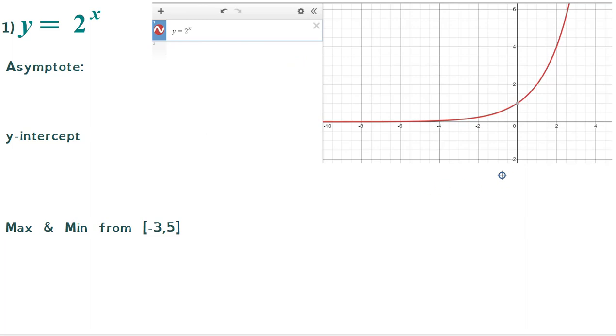You can see that the horizontal asymptote is lining up right here. And it is, unless there's transformations, going to be the x-axis, which means that the asymptote is going to be y equals 0.